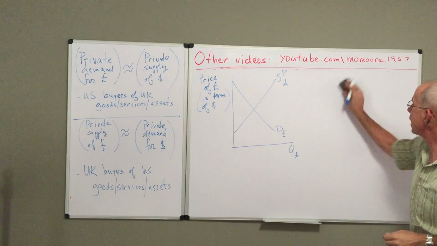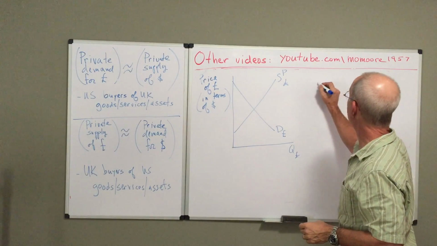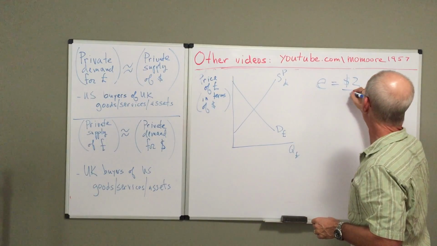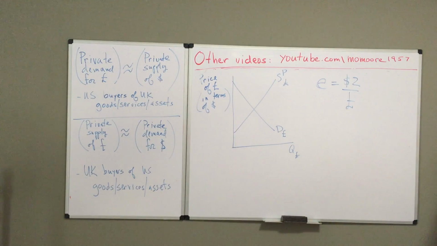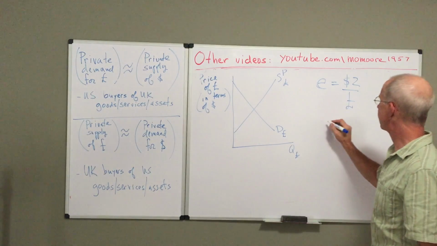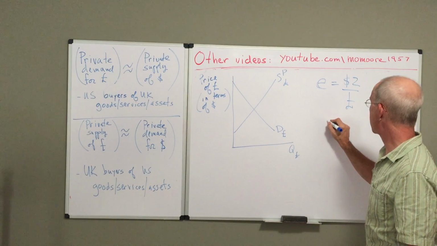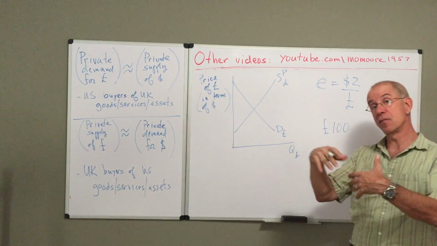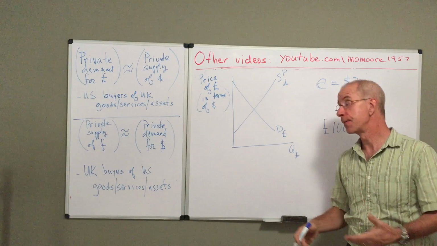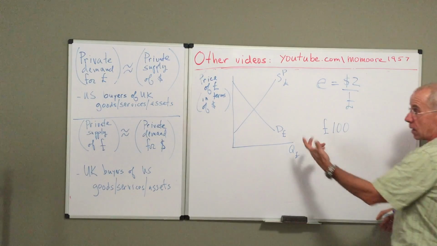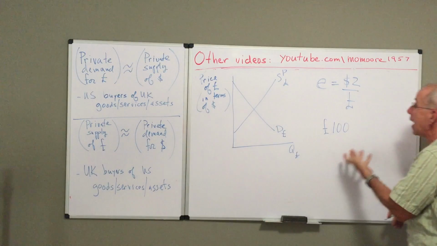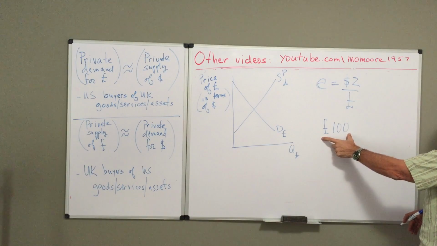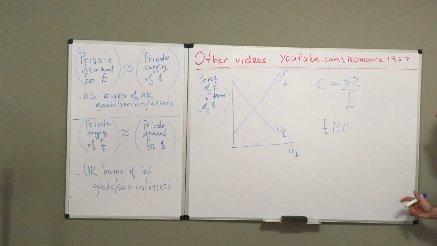Now, again, let's think about this exchange rate of $2 per pound, and we want to say, well, if some British good costs 100 pounds, how does that convert to dollars? So you're basically saying, at this intersection of supply and demand, if you've got a 100 pound item, how many dollars does it take?